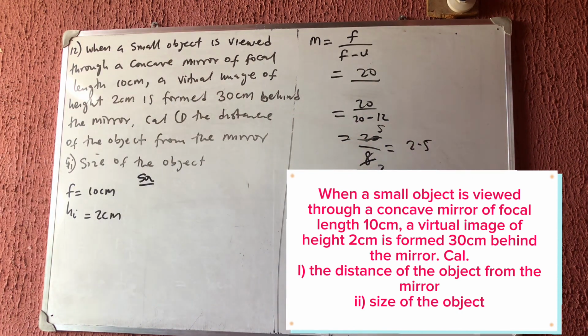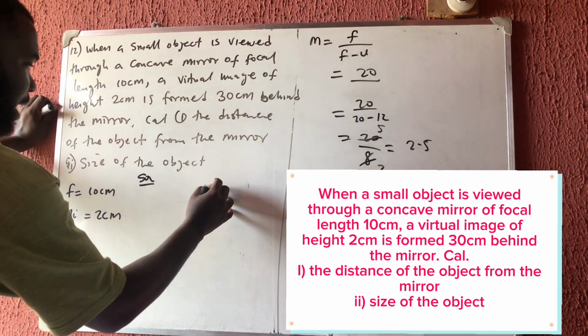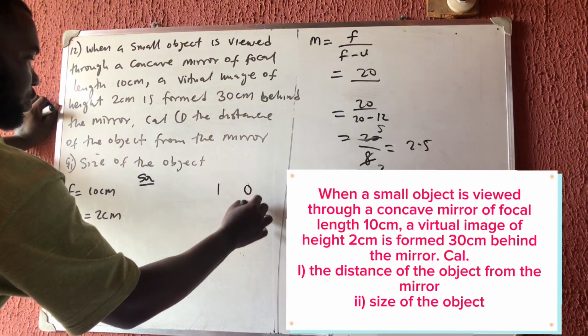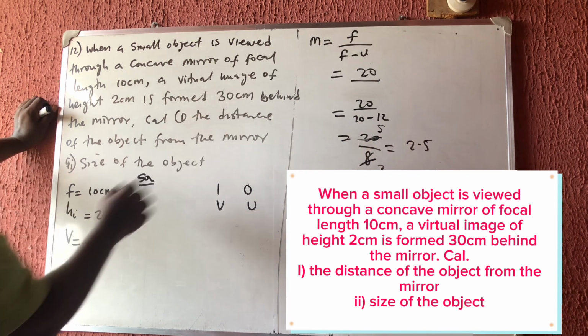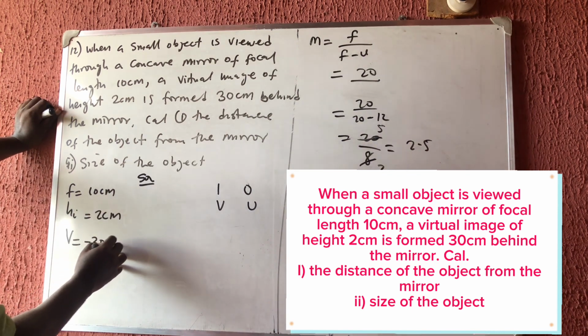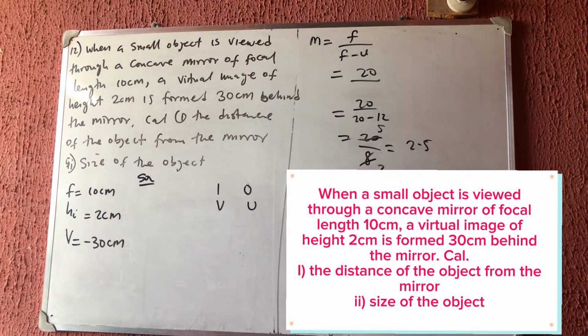I know that I come before O, then U come before V. So the V they gave me is 30 cm behind, meaning that it must be negative, minus 30 cm, showing that it is behind.